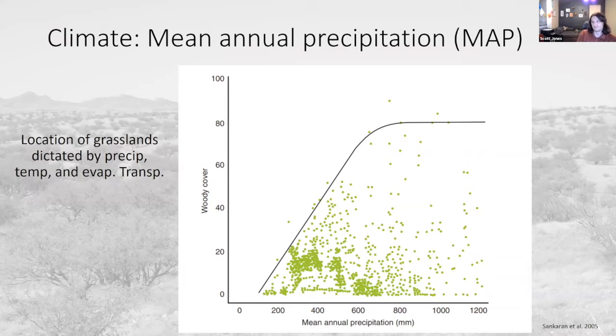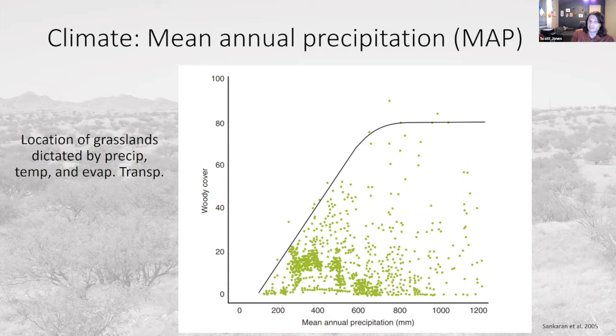It's showing the maximum potential shrub cover at a location based on its annual precipitation. You can see as you increase up to about 500 to 650, you have this linear increase in the amount of shrubs that can be on the landscape, and then it evens out once you get up to about 600, 650. But you may notice there's a bunch of dots, which represent different sites across Africa that haven't reached their maximum potential shrub cover.